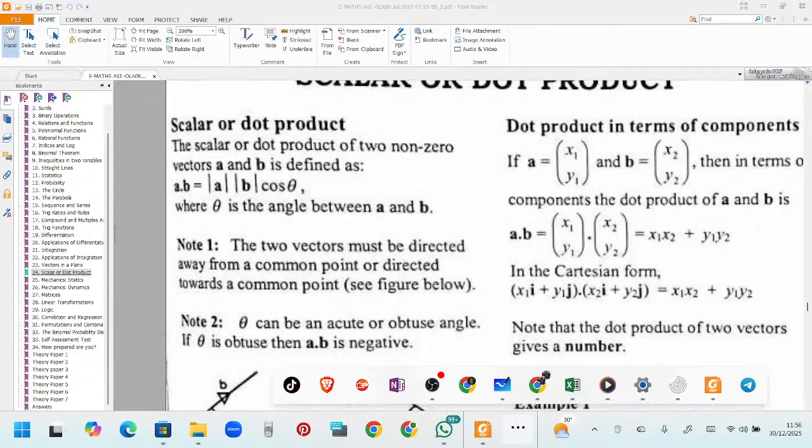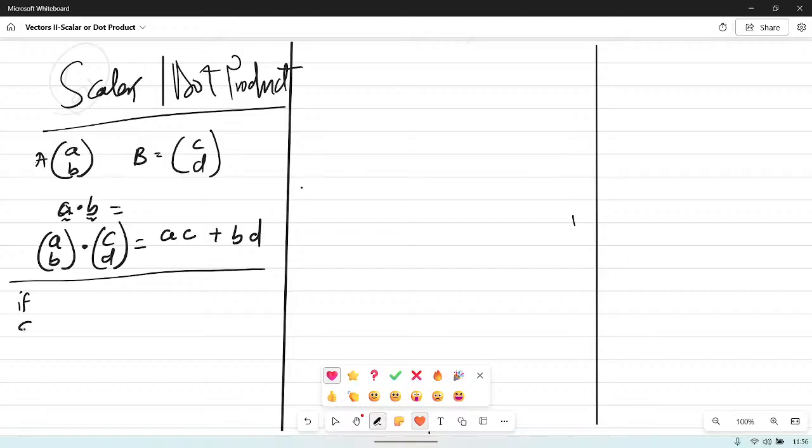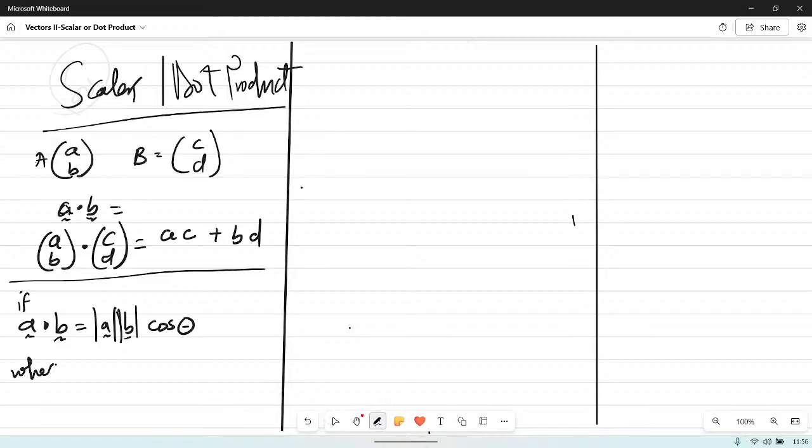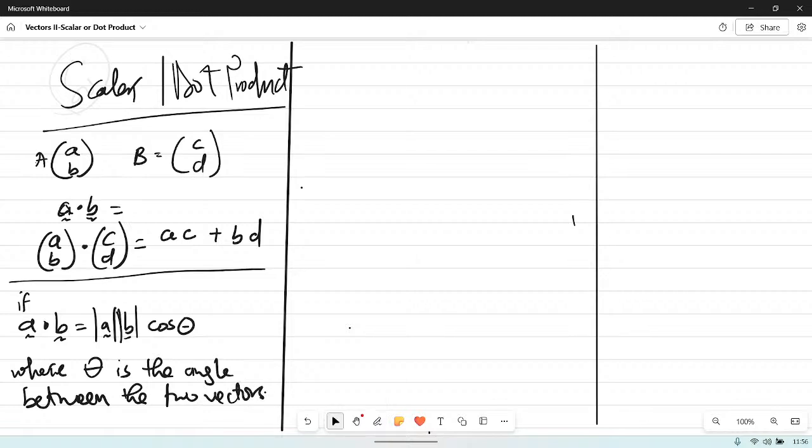This is the definition. Theta is the angle between the two vectors. Are we okay? Very good.